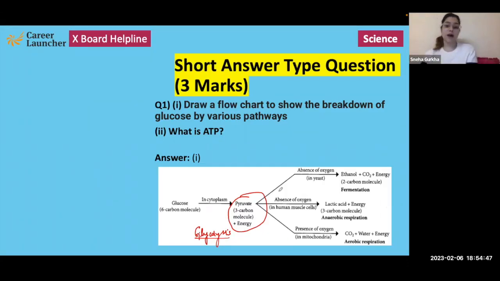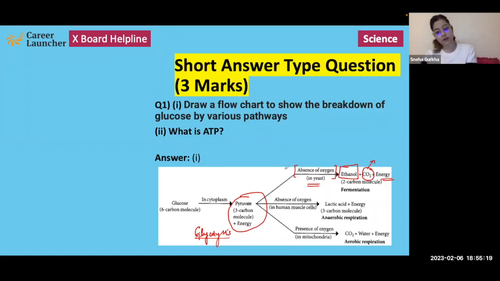So the first pathway takes place in yeast, with pyruvate in the absence of oxygen. Right, so the conditions we are talking about here are anaerobic conditions. So in yeast, in absence of oxygen, pyruvate forms a 2-carbon compound, which is ethanol, and along with that, carbon dioxide gas is released and energy is obtained.